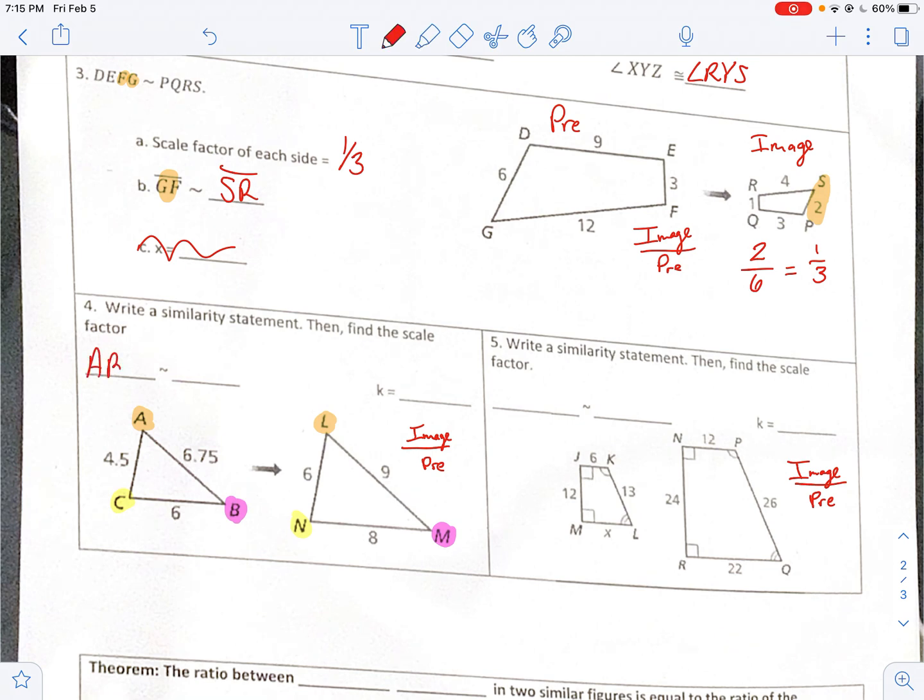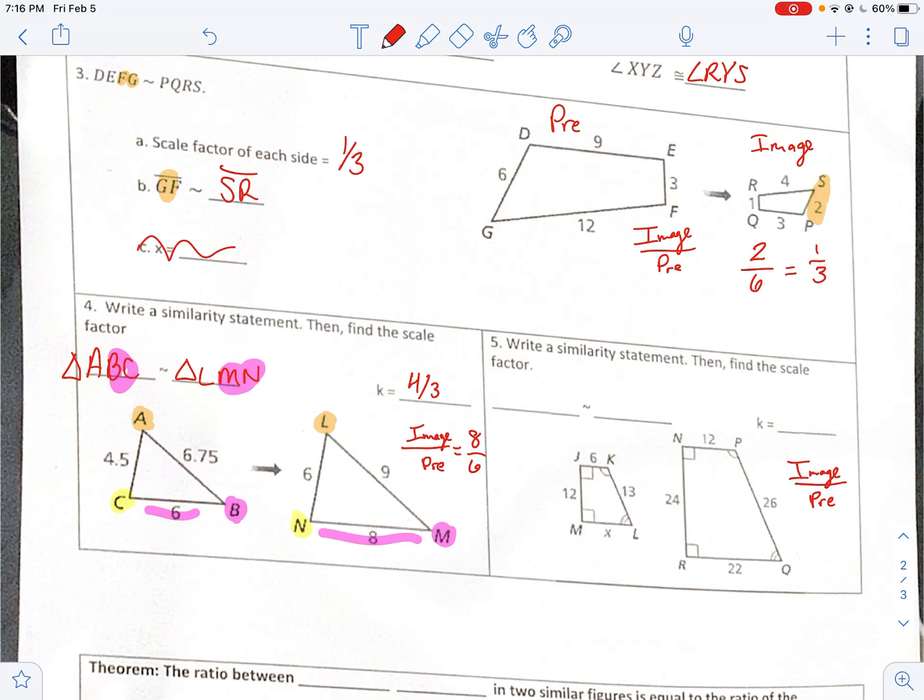So if I did A, B, C, it would be L, M, and N. And then my scale factor, I can pick whatever side length I want. I'll go with NM, which means that I've got to go with BC, and it's image over pre-image, or 4/3. Why don't you see if you can write your similarity statement in number 5 and find your scale factor?